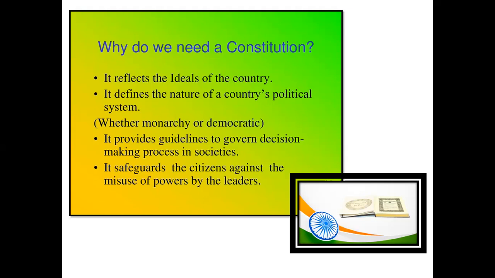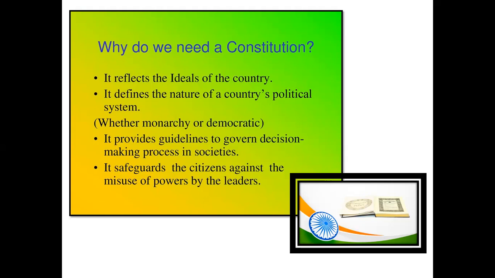So if the government goes beyond that, it is a misuse of power. If they do so, the people may protest. In this way, the government cannot misuse its power. So all these facilities the citizens enjoy only because of the constitution.